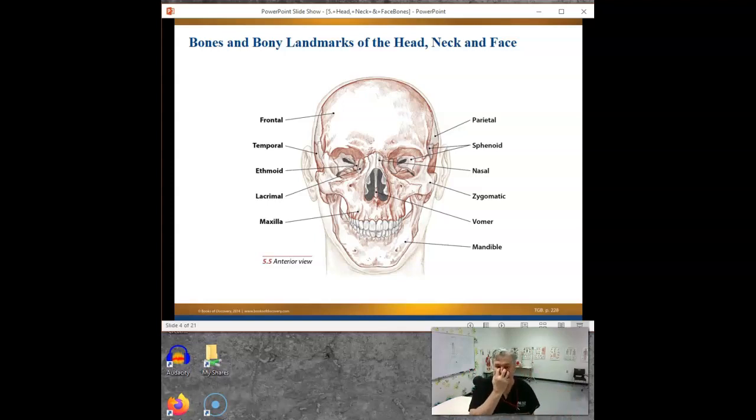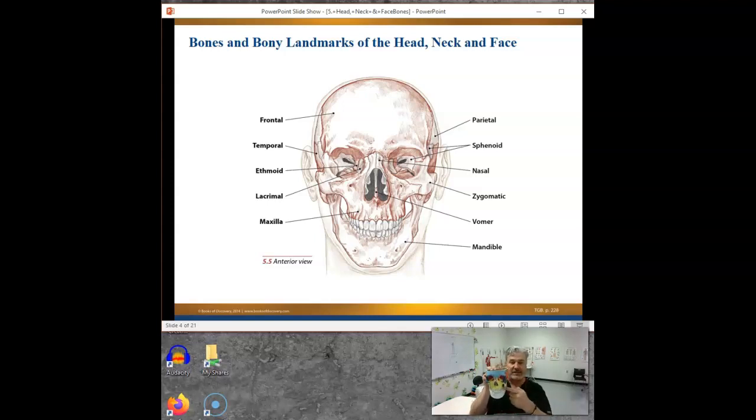Then we see the face plate here, the mask of your face right here, and that's called the maxilla. And remember, the maxilla is the start of your cheekbones. You've got your maxilla here in yellow. Hold on, my face is falling apart here. Come on, guy. You can do it. There we go.